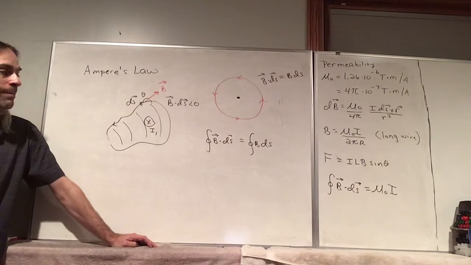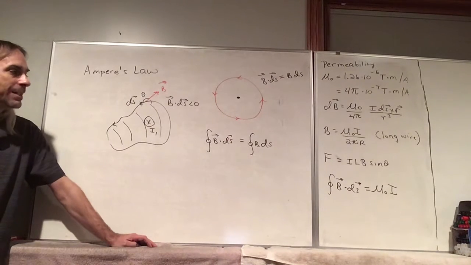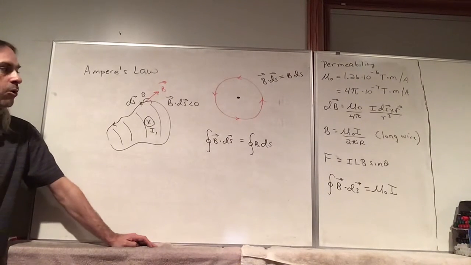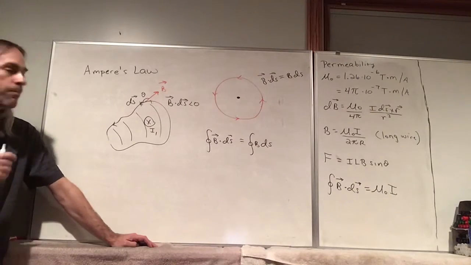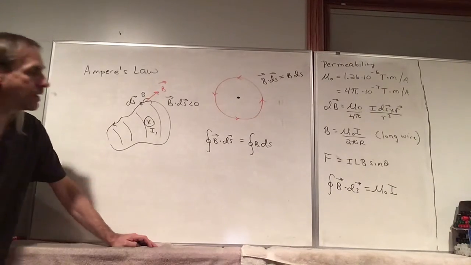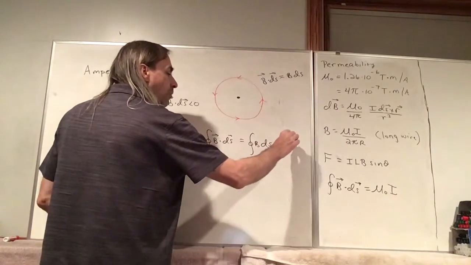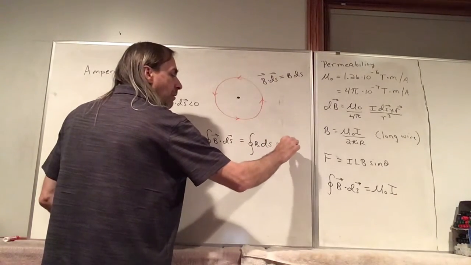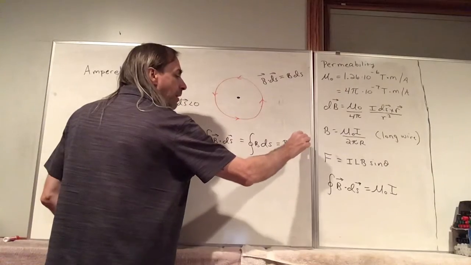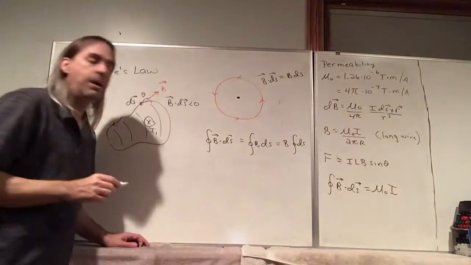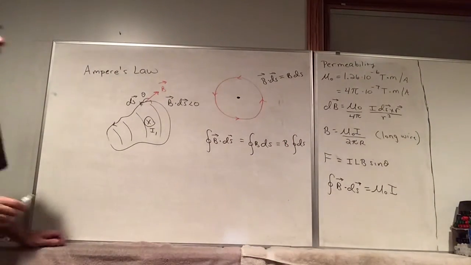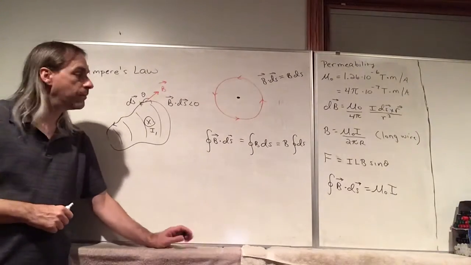And so the magnetic field has to be constant in magnitude along our curve. And so we can say that's equal to B times the integral of ds. And remember, ds is just a line segment.